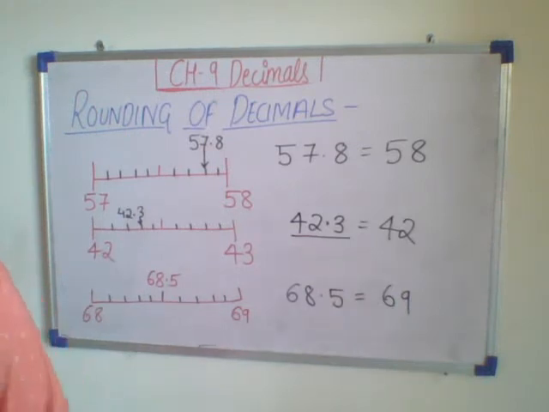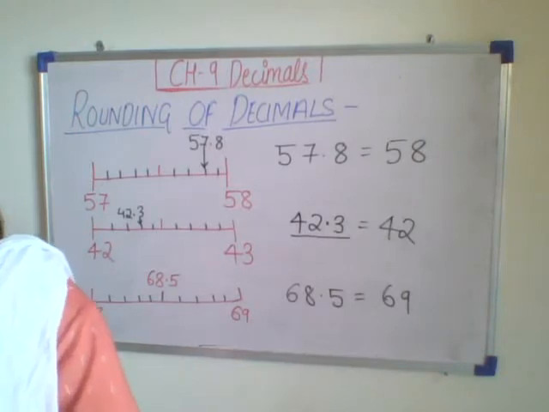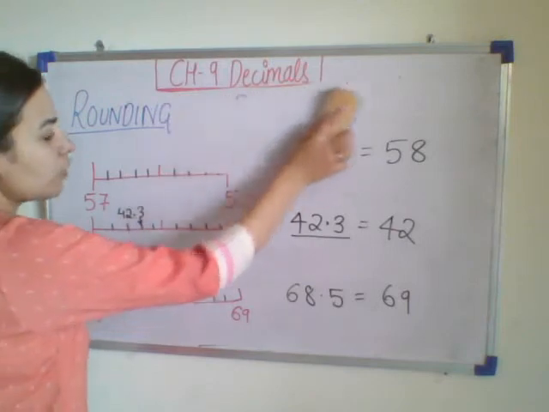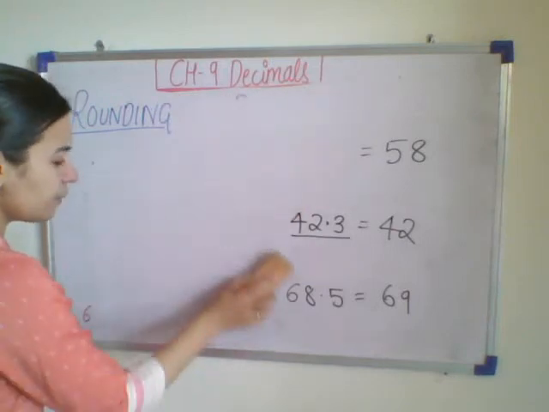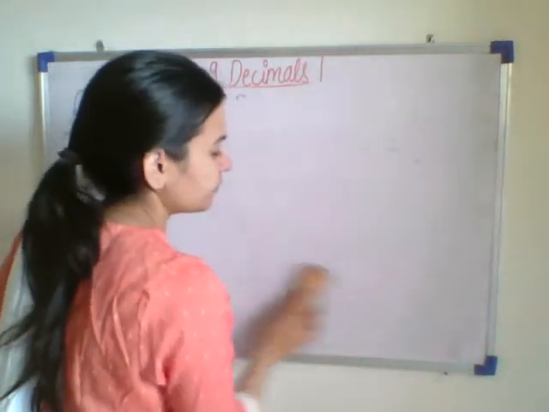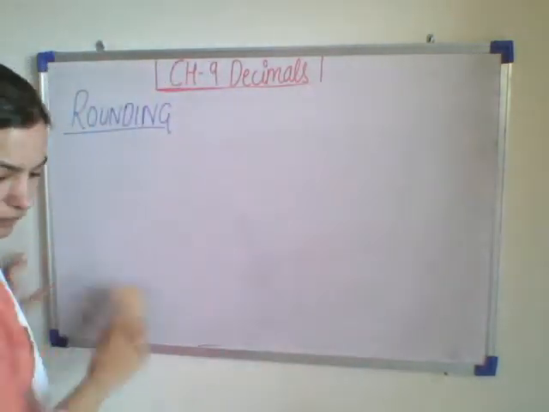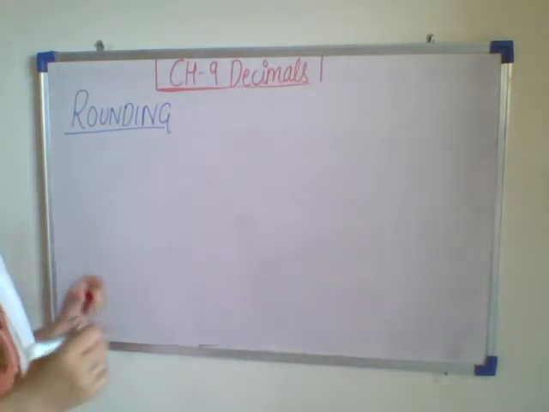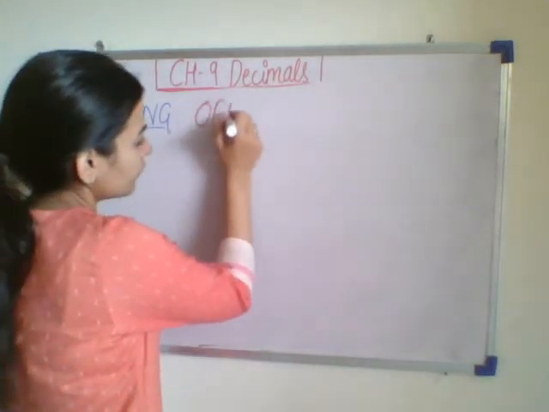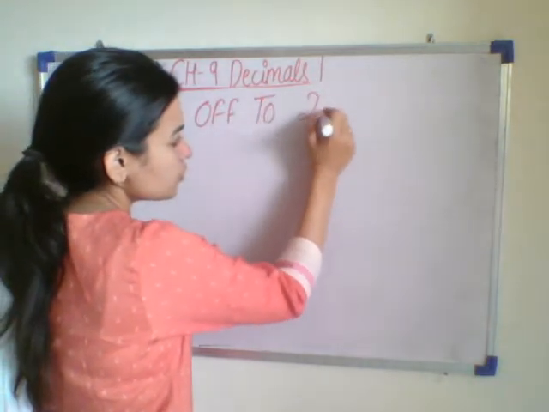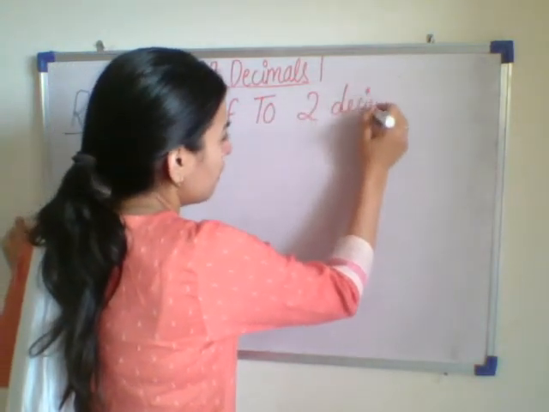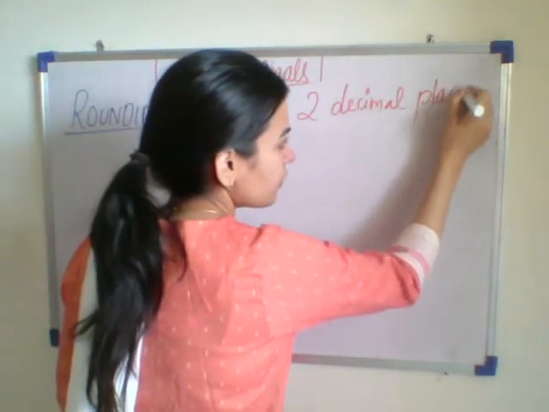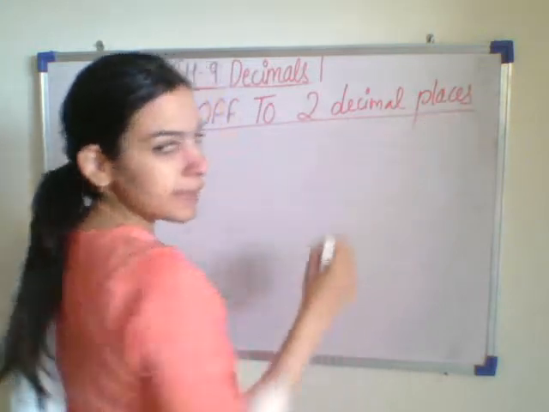Now next, let us round off to 2 decimal places.